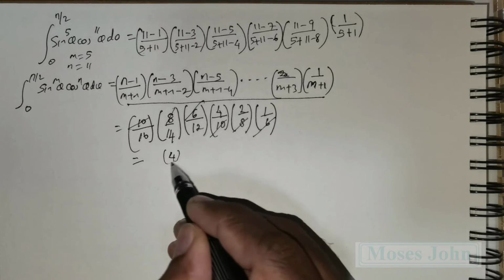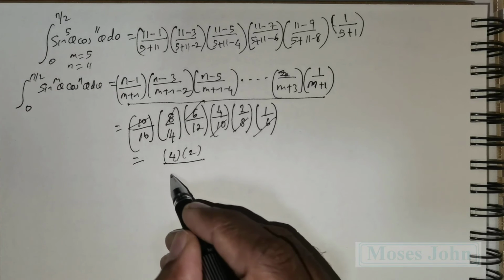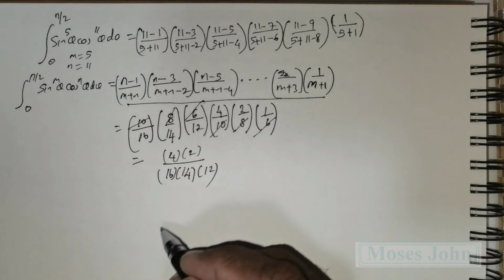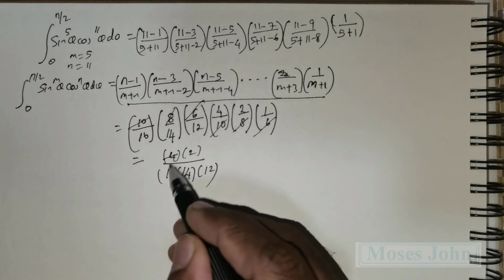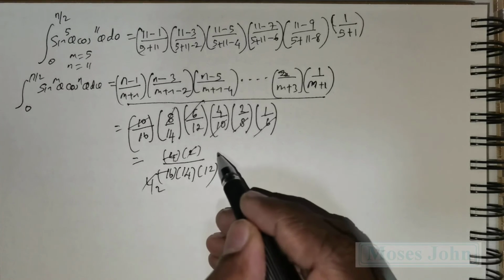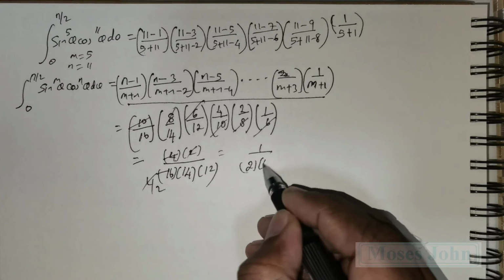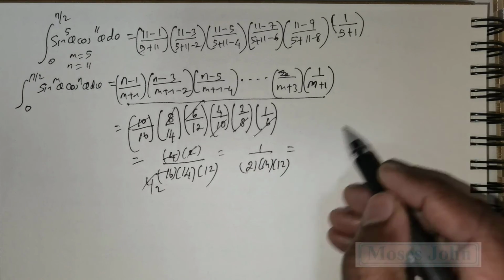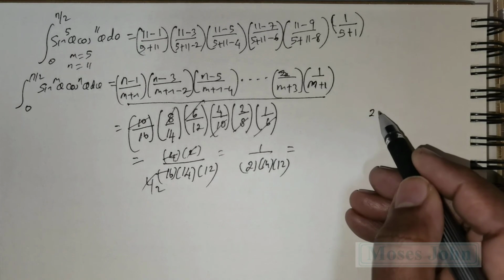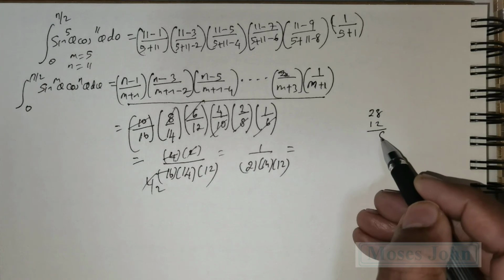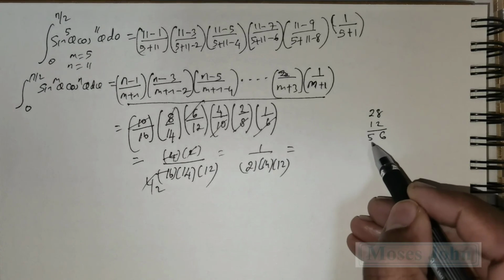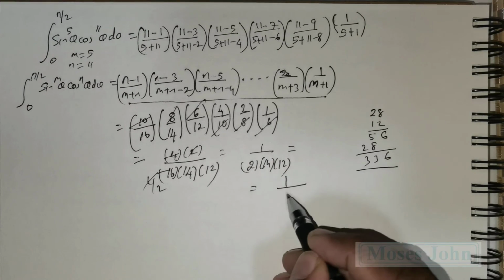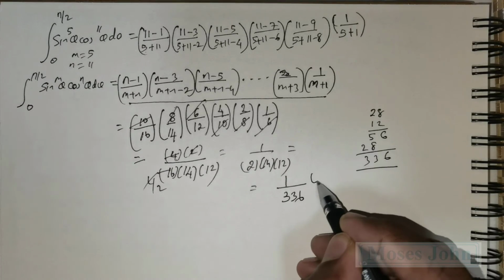So you got 4 times 2 divided by 16 times 14 times 12. 4 divides here 4 times, 2 divides here 2 times, so you got 1 over 2 times 14 times 12, which is equal to 14 times 2 is 28, times 12, which gives you 336. So you're going to get 1 over 336 units.